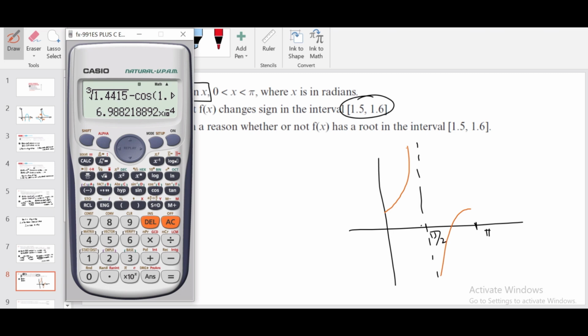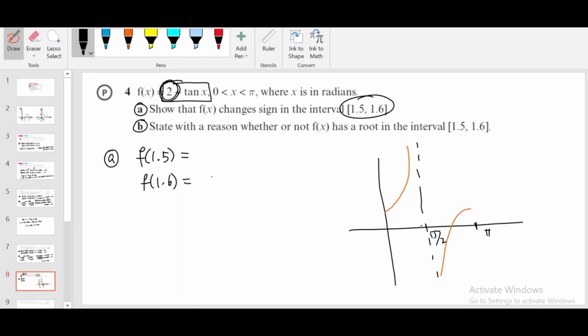Now we need to check whether this value is on both sides of pi over 2. When you find the value of pi over 2 in your calculator, pi divided by 2, you get 1.57. So for part B you write x is equal to pi over 2 is 1.57, etc., which lies between these two values. So what does that mean?